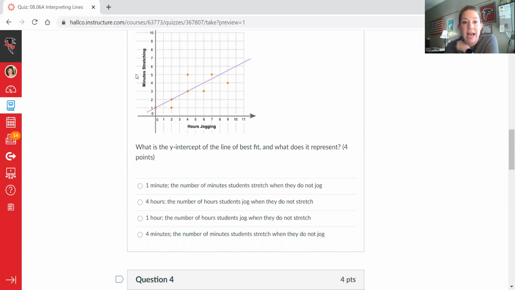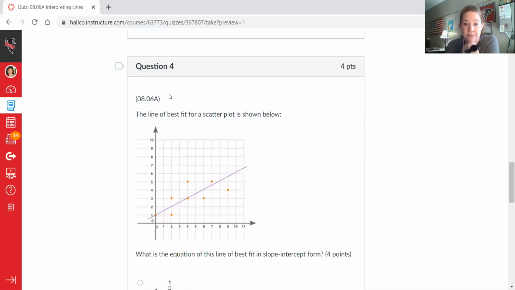This doesn't say hours jogging on the y-axis. It says minutes stretching. So at 0 hours spent jogging, there was 1 minute of stretching that took place, right? Number of hours jogging, number of minutes stretching. Make sure you read that correctly.